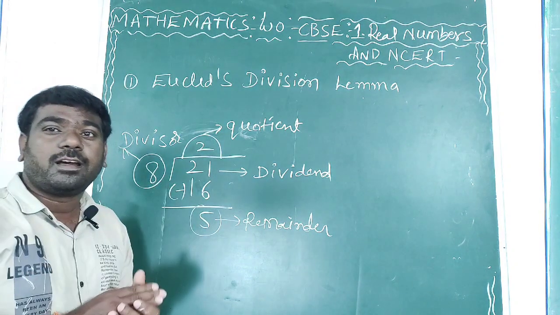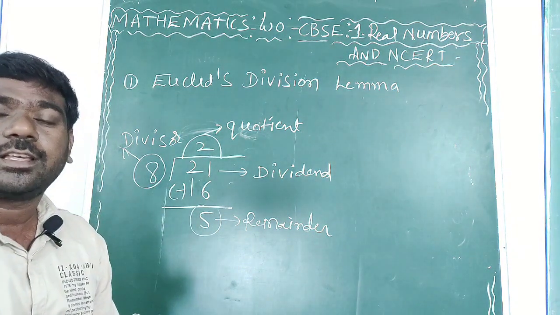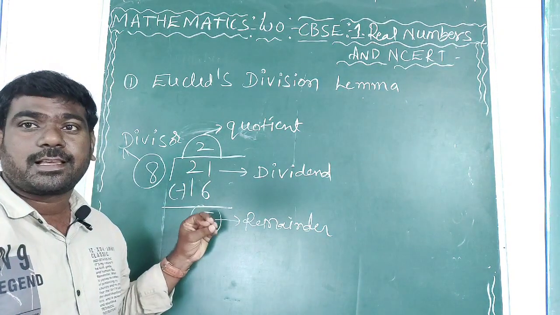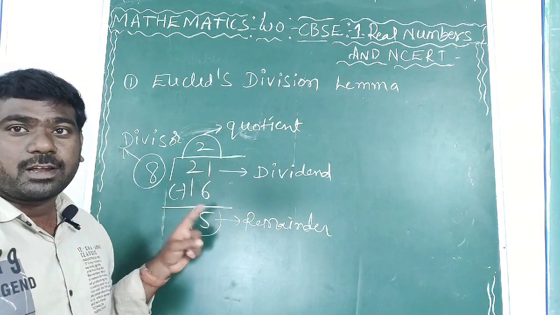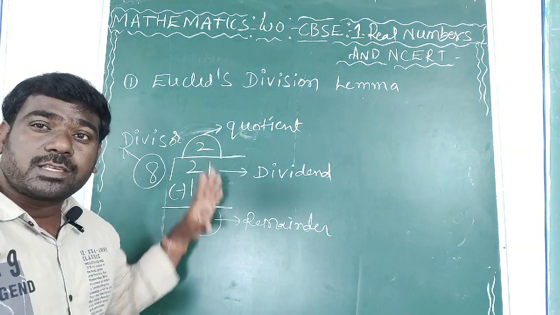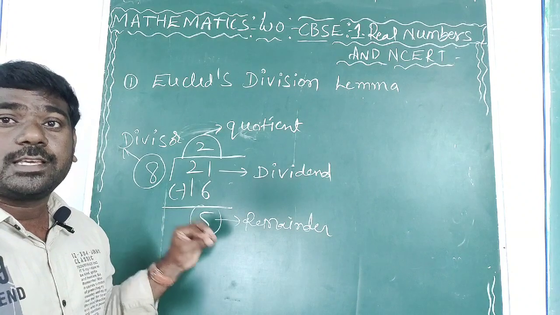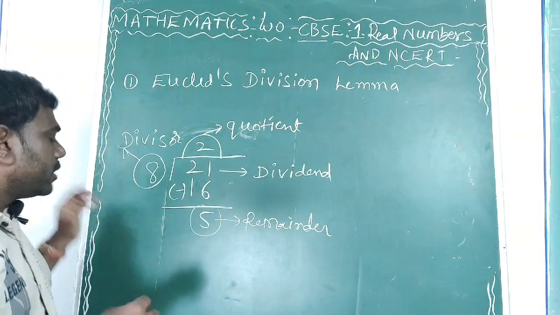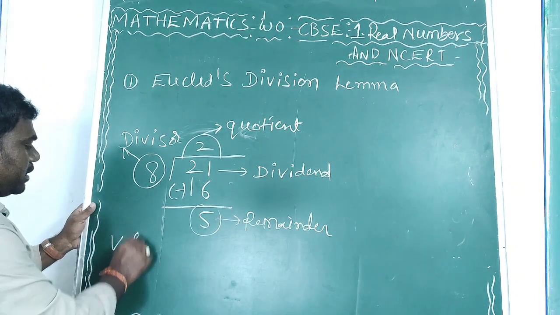We have already learned this in the lower classes. Now, is our answer correct or wrong? Whatever quotient and remainder we got, is the process we did correct or wrong? How to verify here? Yes, we can verify the process.